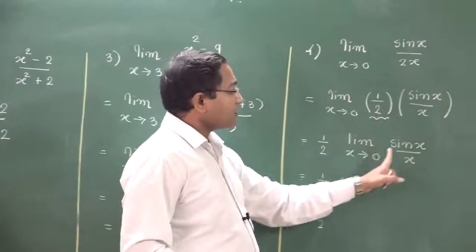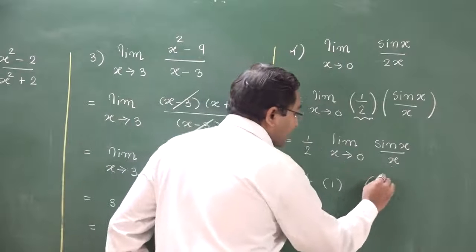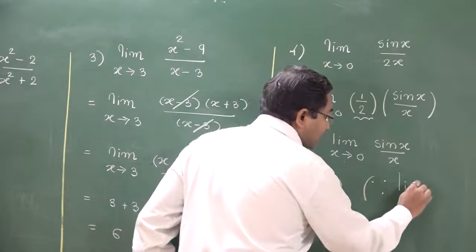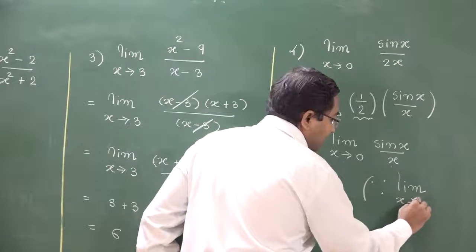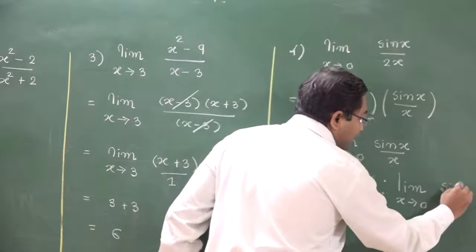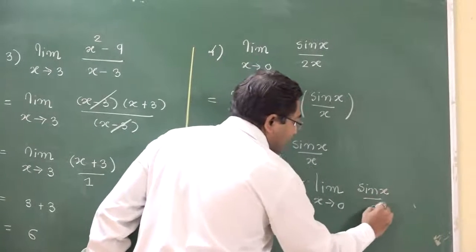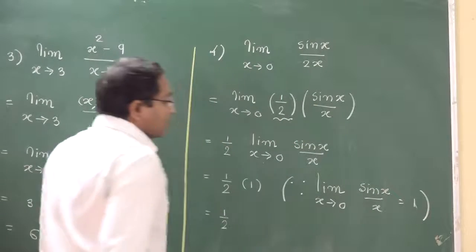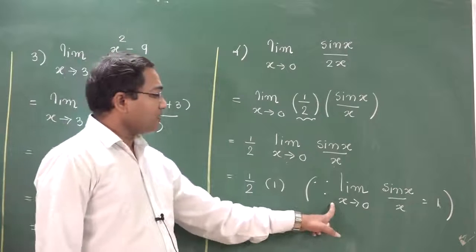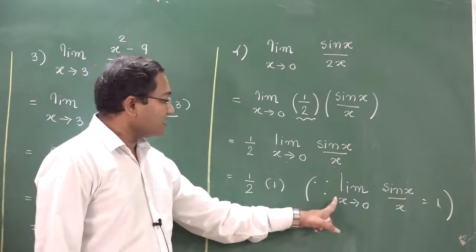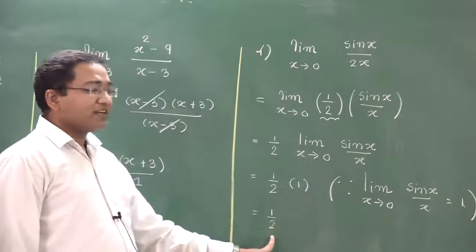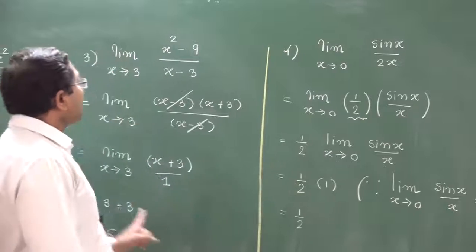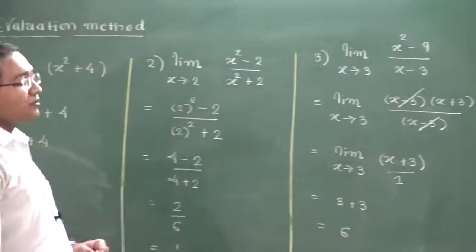By using the facts of the limit, the fact we are using here is limit x tends to 0 sin x upon x is 1. According to that fact, we use this result, directly substitute 1, and we get a finite limit. So that is the procedure to evaluate the limit of a given function.